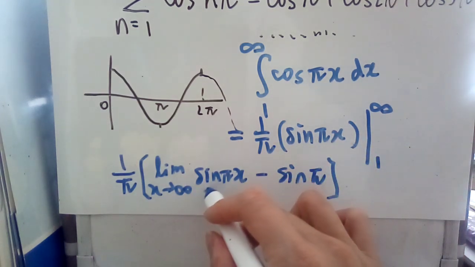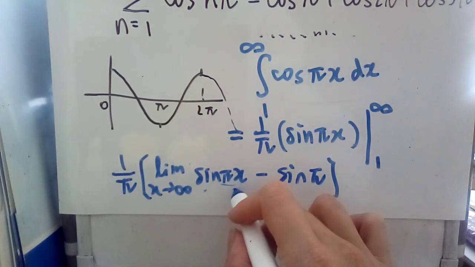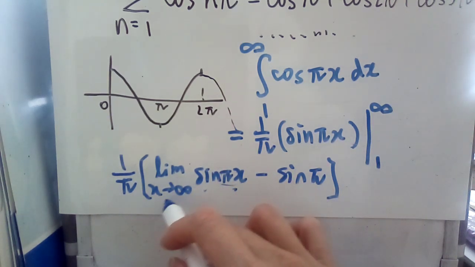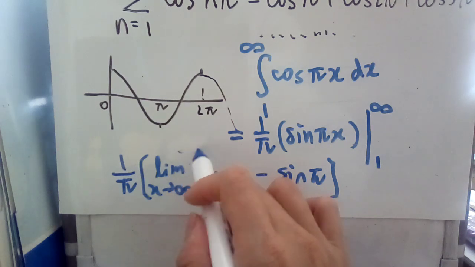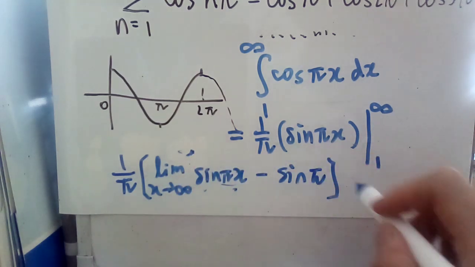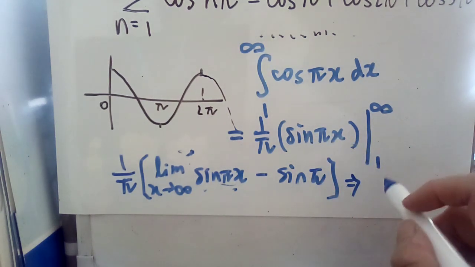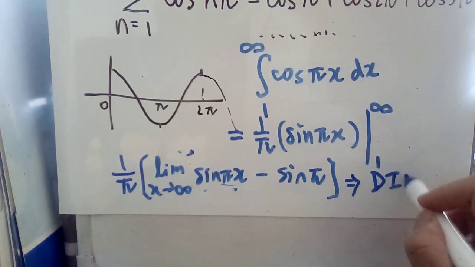Now we know when x goes to infinity, sine is not going to converge to any value. So you know this is already not working, right? It actually doesn't exist. So that's why we can tell also by the integral test that this is going to be divergent.